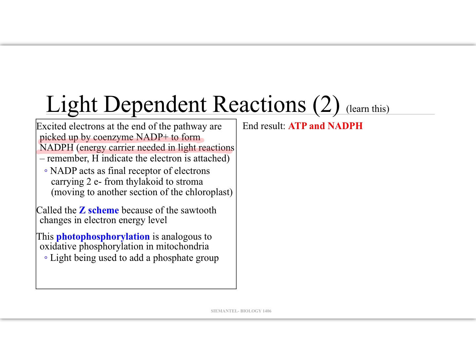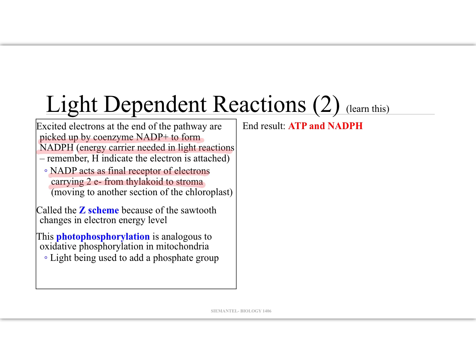Whenever you see that H attached to the NADP, it means that the electron is actually attached. So NADP is that final electron acceptor that we've been mentioning, and it has the ability to carry 2 electrons from the thylakoid to the stroma, where another part of the photosynthesis reaction is going to take place.